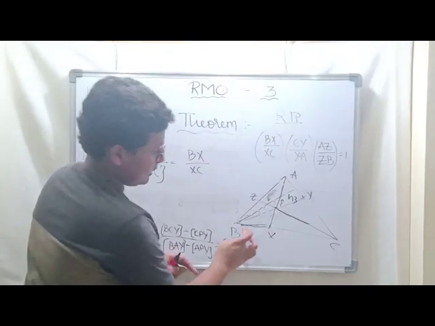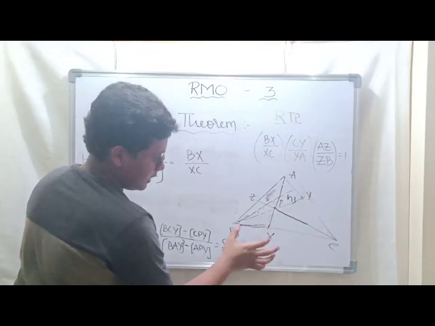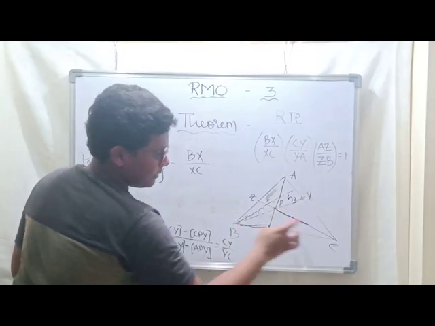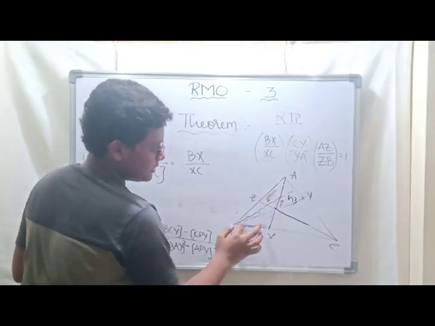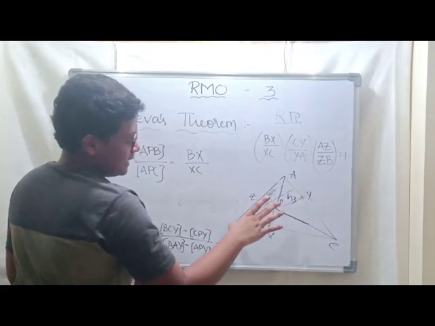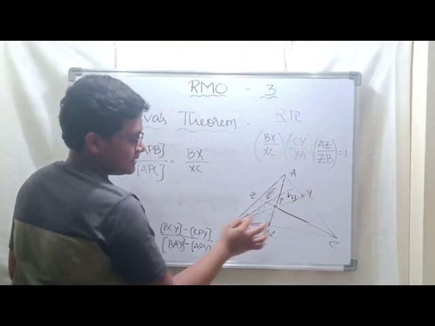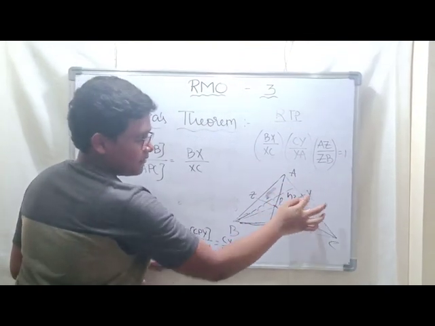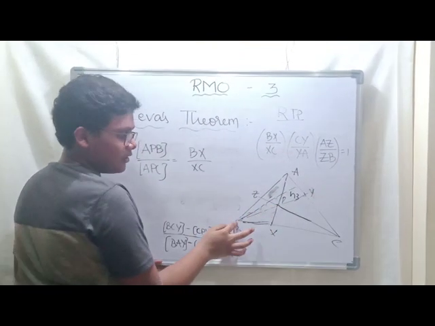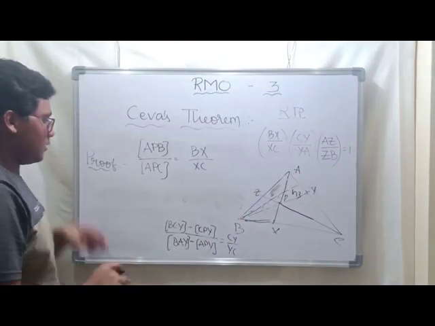Sorry, see here we will get BPC. BYC minus CPY is equal to BPC, and area of triangle BAY minus APY is equal to area of triangle BPA.